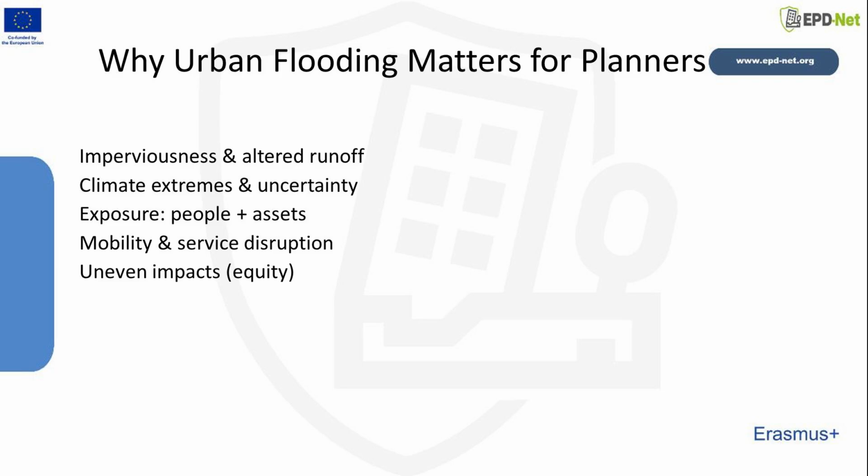Urban flooding is often pluvial, rainfall overwhelms drainage, or it can be fluvial, coastal, or groundwater related, but the planning relevance is the same: land cover, imperviousness, drainage capacity, and topography interact with exposure and social vulnerability. Climate change adds an extra layer of uncertainty, not as a single number but as a shift in extremes and sequences of events.